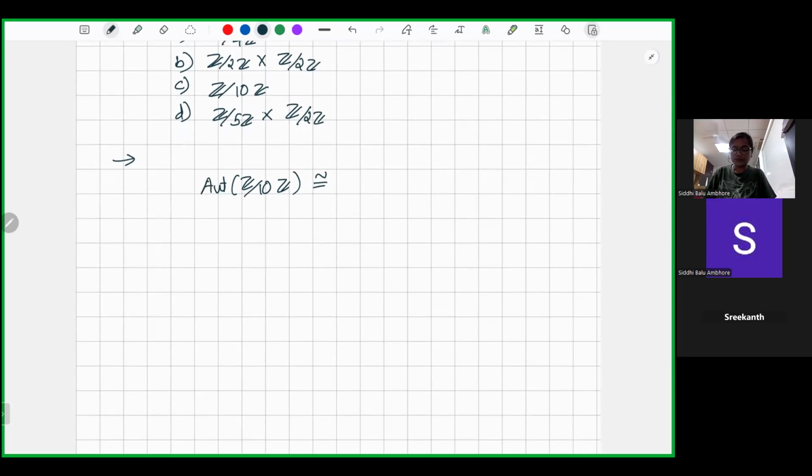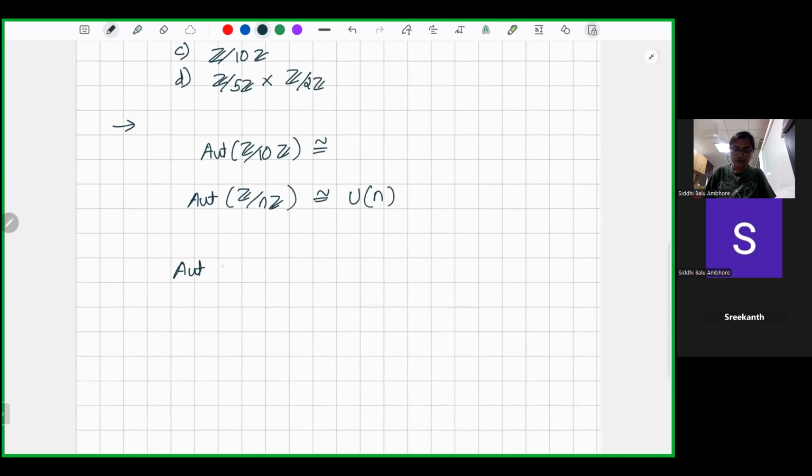We have already seen multiple times that the automorphism group of Zn is isomorphic to Un, that is the group of units of Zn.